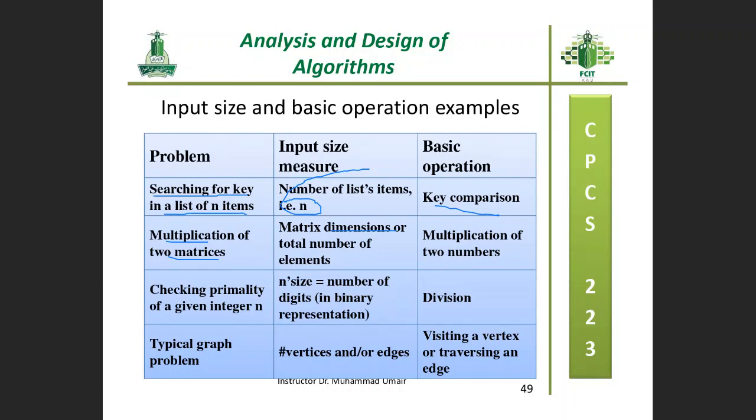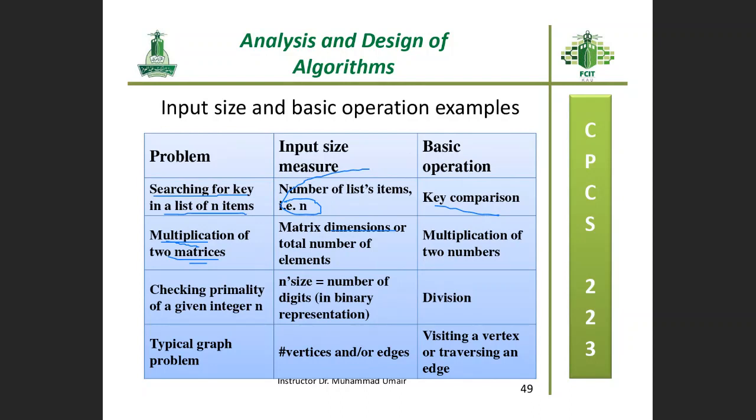No, Sultan. No, Abdul Rahman. Whenever we are talking about the multiplication of two matrices, it means the input needs two matrices. If one matrix is 4 by 4, there are 16 elements in one matrix. So the total size will be 16 plus 16, 32.